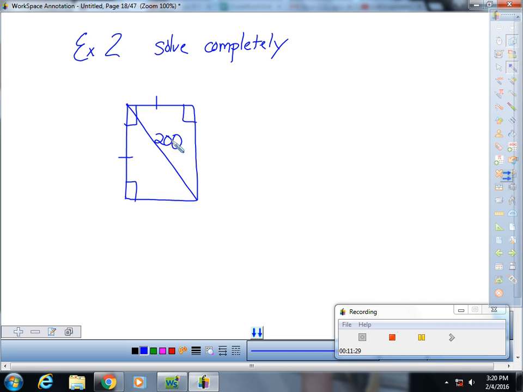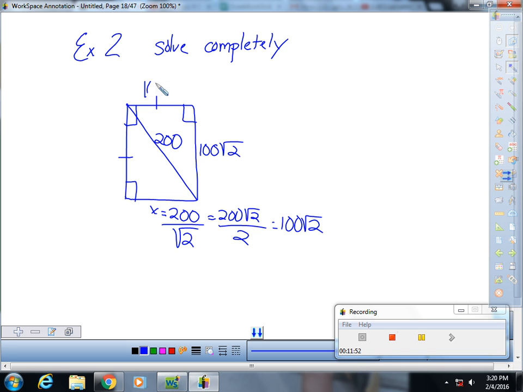Okay? Well, x is going to be 200 divided by radical 2, which is 200 radical 2 over 2, which is 100 radical 2. Got it. All this is a square, so all of these are 100 radical 2.